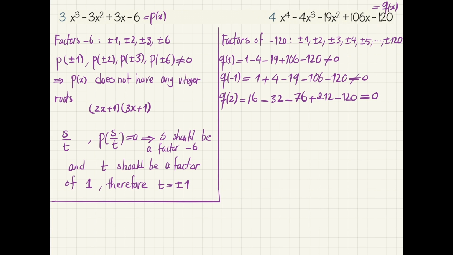Actually, I did it this way when I was lecturing, but now I can do one more thing. Let us, for example, calculate the other one as well. Let us see what happens for q of 3. If I put 3, then it becomes 81 minus 108 minus 171, and then I will have 318 minus 120.